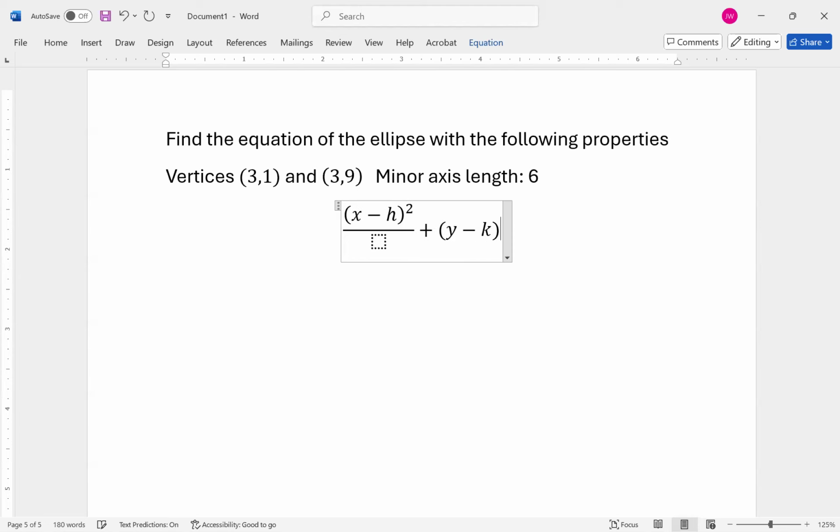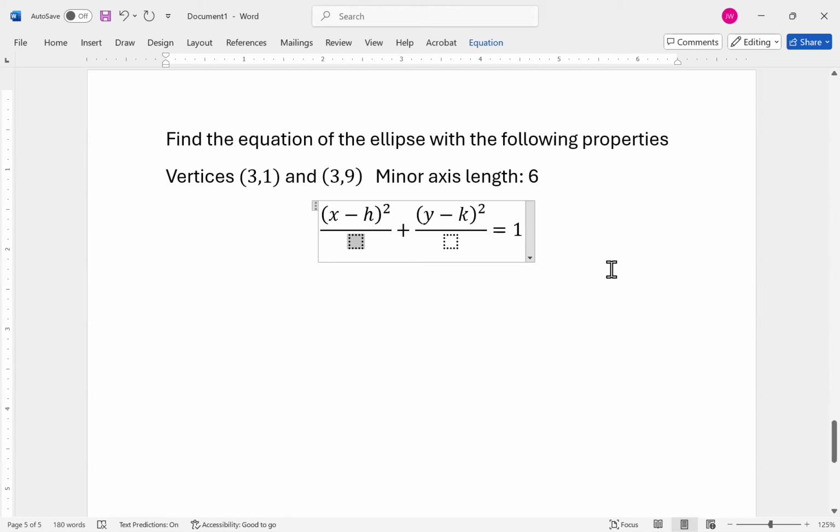So when I take x minus h squared, am I dividing that by a squared or by b squared? And the reverse of that will be true for y minus k squared.